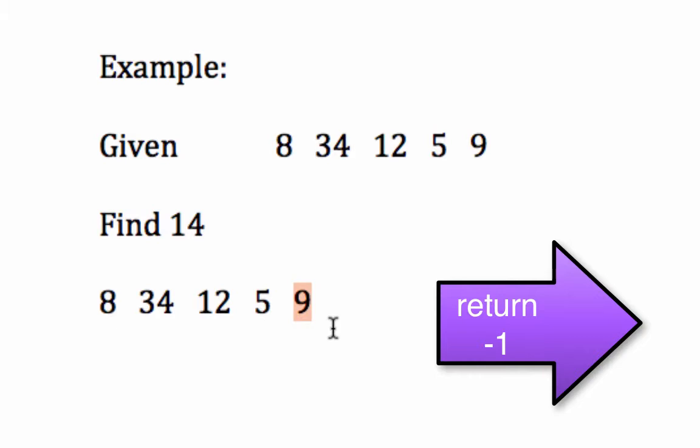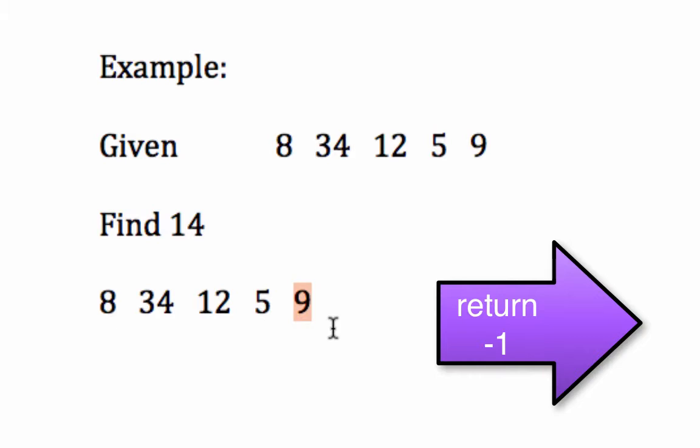Why is it -1? Because remember, we're interested in the location. If there is a match, we want to know where it is. We want to know the index. What happens when we don't find a match, like in this case? Then we want to return an index value that will indicate to us that the value that we're looking for is not present in the collection.